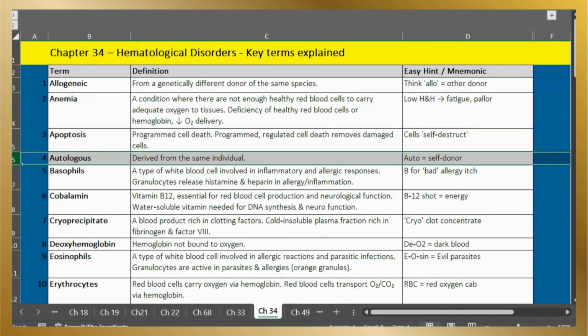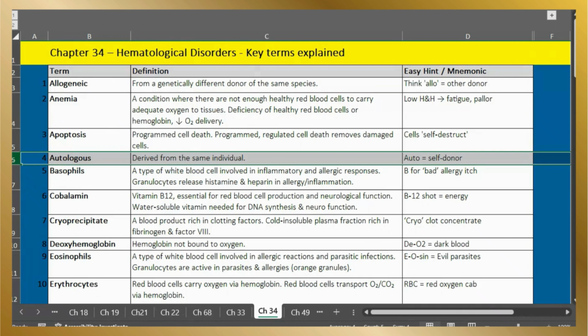Autologous, derived from the same individual. Auto, it's a self donor. So autoimmune, me. In an autologous stem cell transplant, the patient's own cells are used to minimize rejection risk.